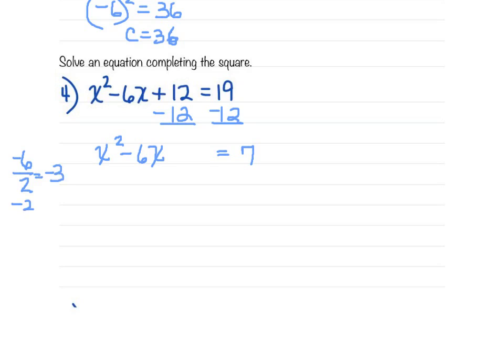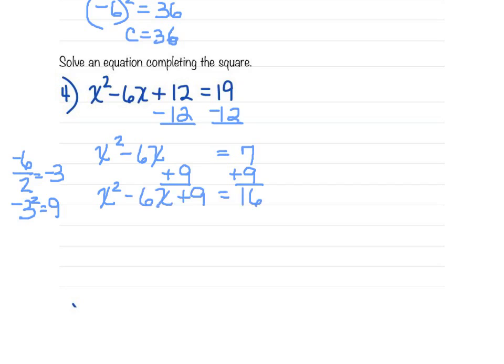Take negative 3 and square it, it's positive 9. So what I need to do is add 9 to one side of the equation to make it a perfect square trinomial. Whatever I do to one side, I have to do to the other. Let's bring down our equation: x squared minus 6x plus 9 is equal to 16.